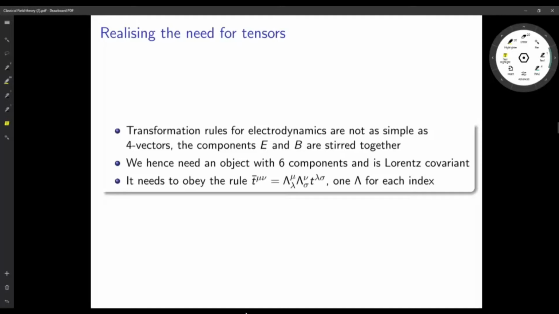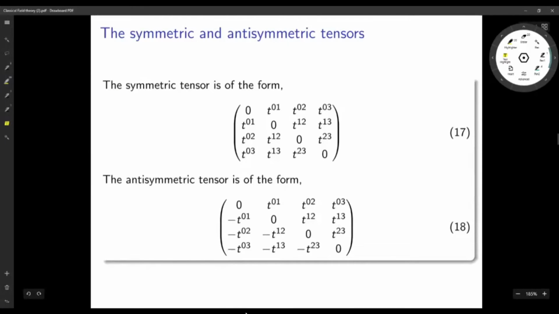Okay, so you can scroll down. This is a very small interlude. This is the first equation there. Equation 17 is called your symmetric tensor. You can see the symmetry along the diagonal, and it's essentially T mu nu is equal to T nu mu.